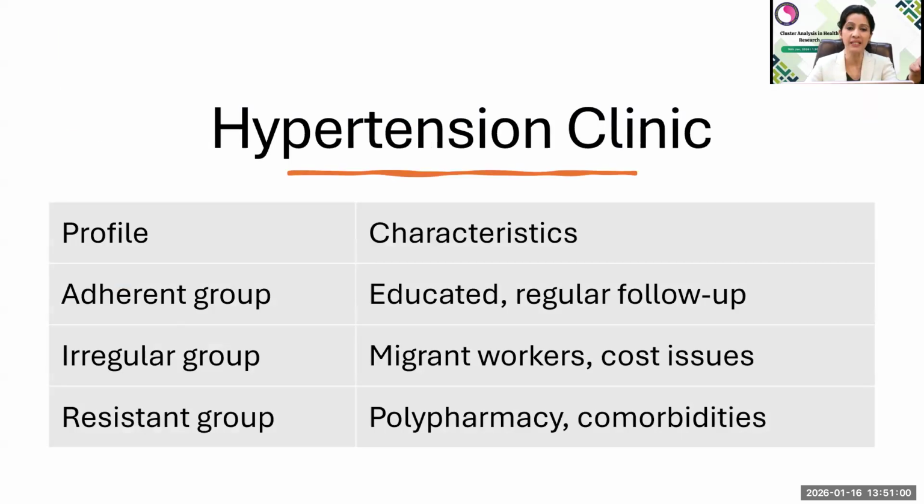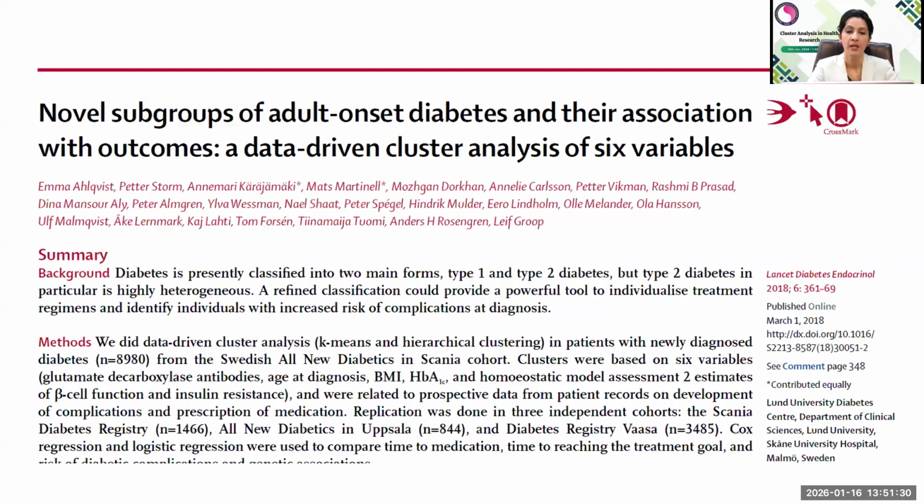So in the hypertension clinic also, we may define that there is an adherent group which is educated, and there is a resistant group, if you give them polypharmacy, or if they are having multiple morbidities, they will be a resistant group, and there are groups which are in between these two groups. So these are all implicit clustering, and these are based on clinical intuition.